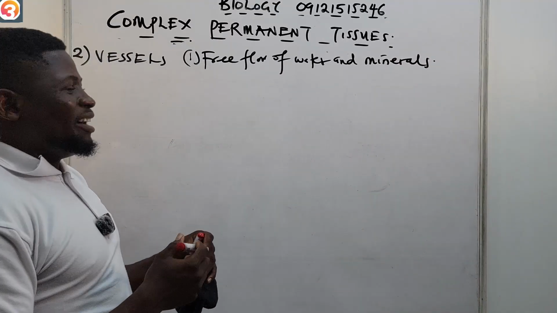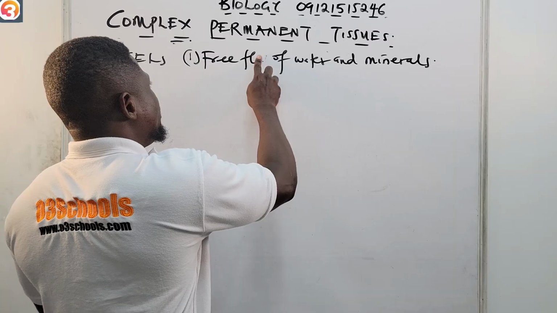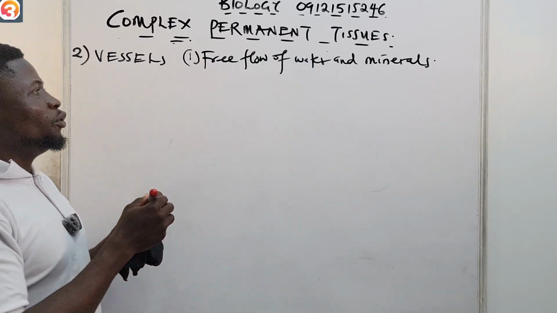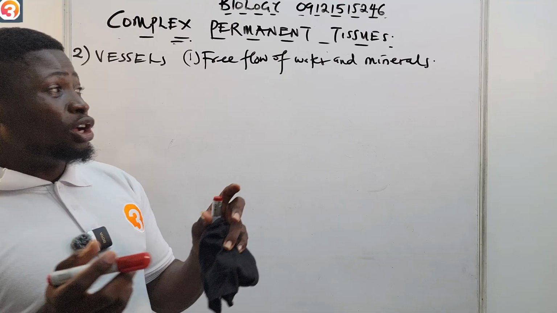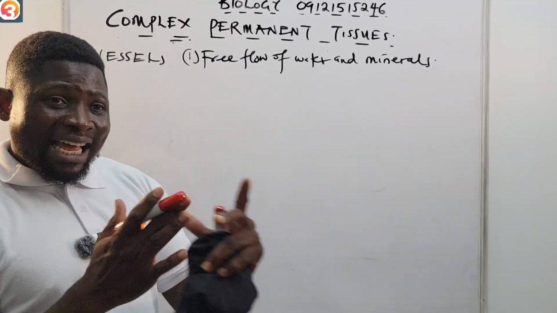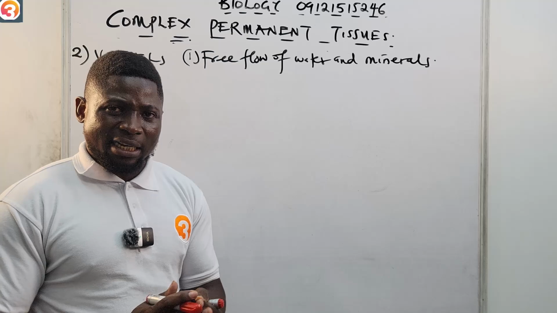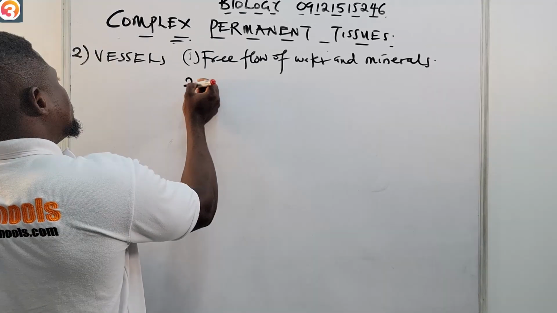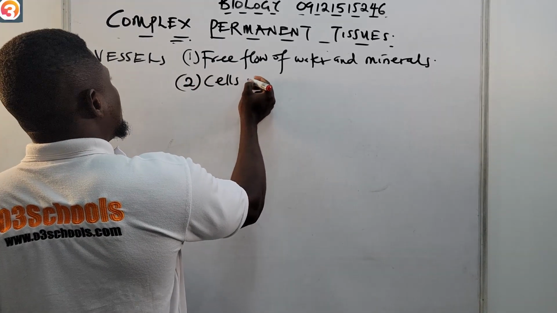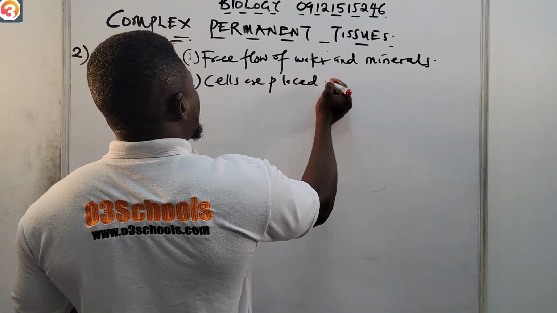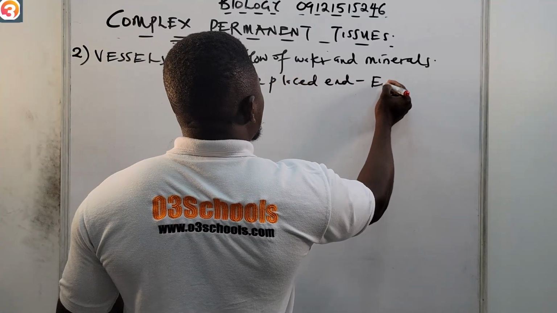They allow for free flow of water and minerals. Also, for the vessels, the cells are placed end to end to afford a continuous channel. So number two, cells are placed end to end.